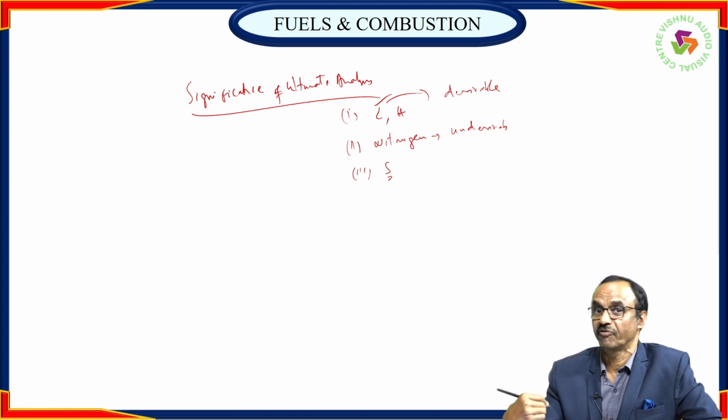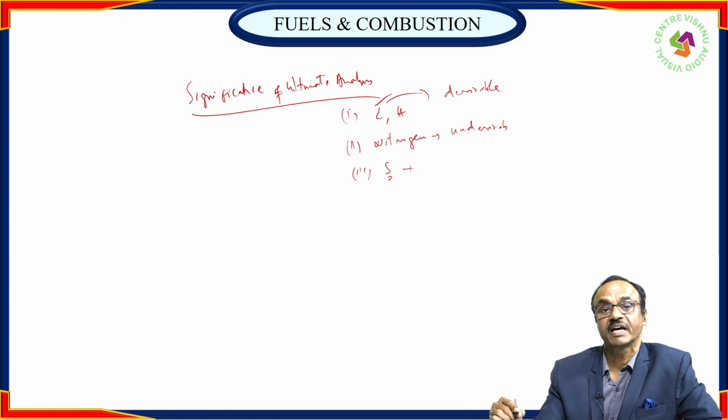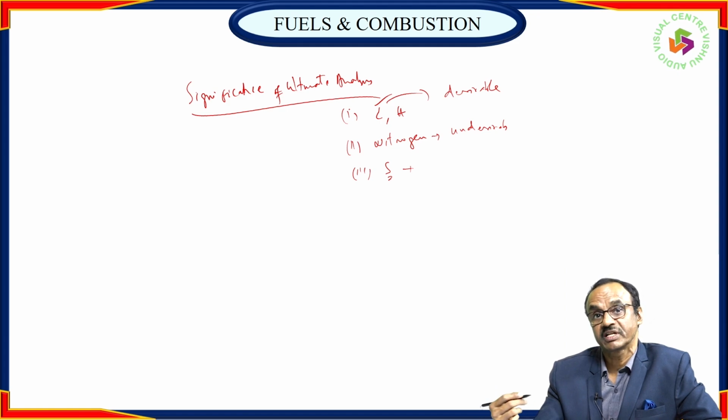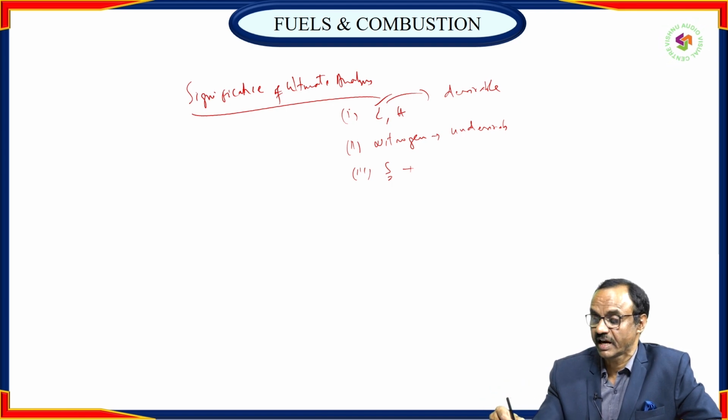It is a combustible substance, converted to sulfur dioxide, which is highly poisonous, but it contributes to delta H also. The amount of heat liberated is also contributed to some extent. But sulfur dioxide is highly dangerous. Therefore, the presence of sulfur is undesirable.